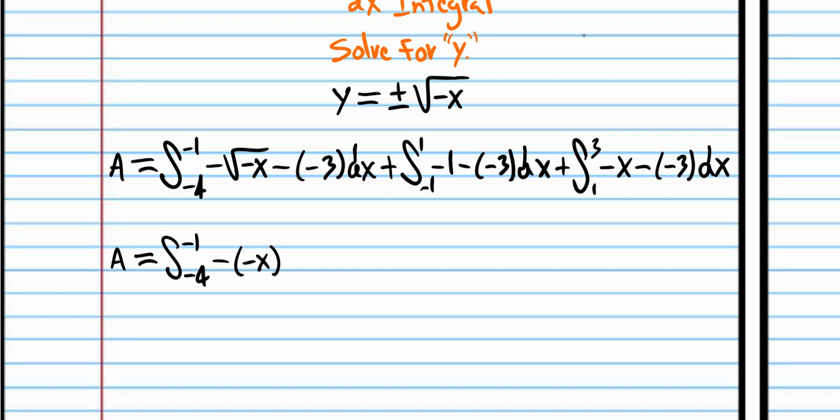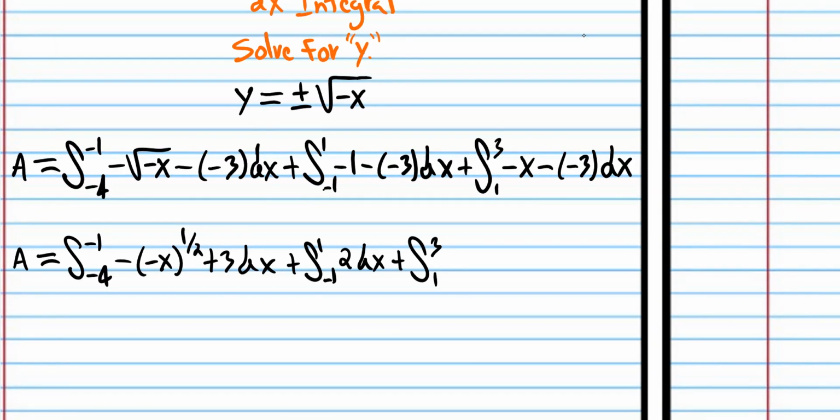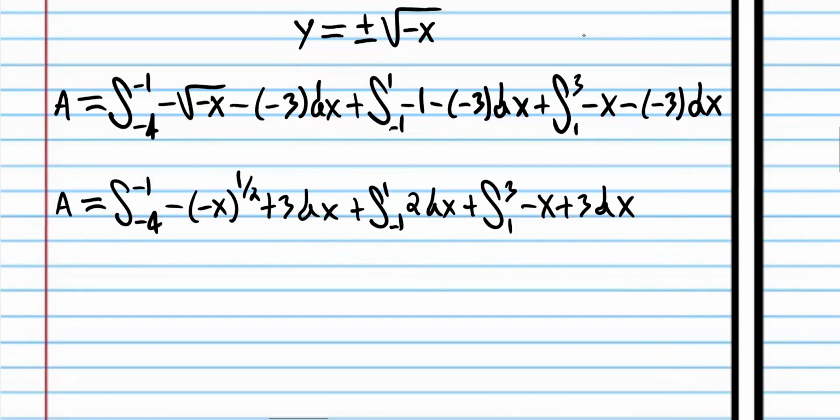So I'm going to change that to -x to the 1/2 and plus 3. And I'm going to change this to, that would just be 2. And this I'm going to change to negative x plus 3.